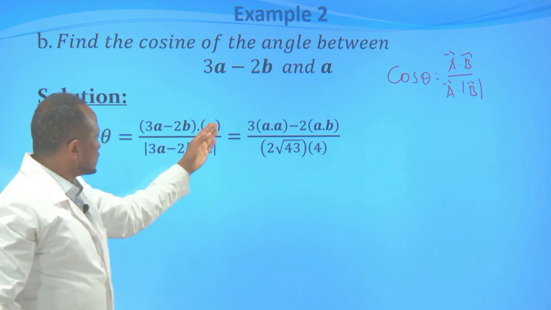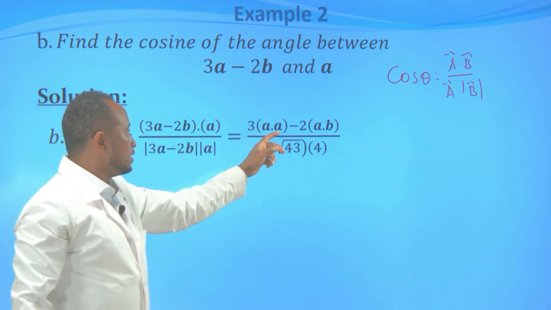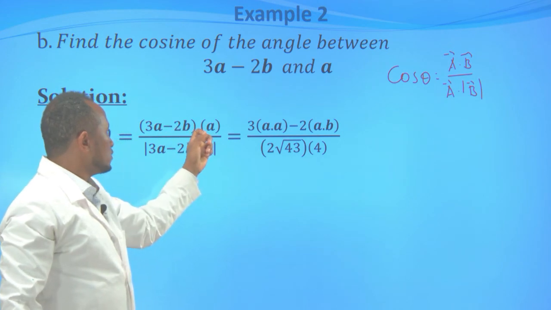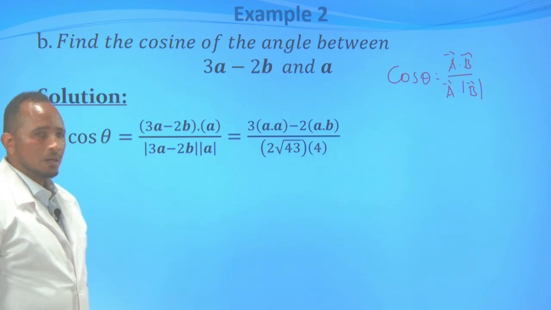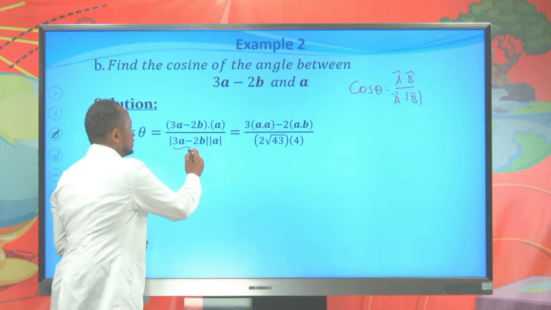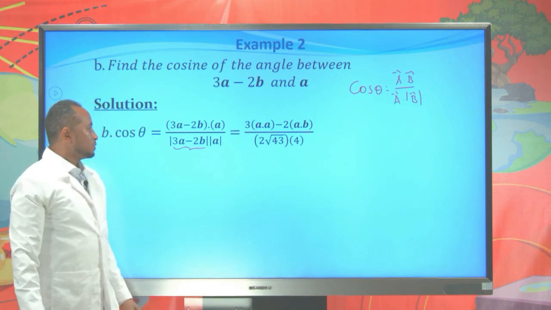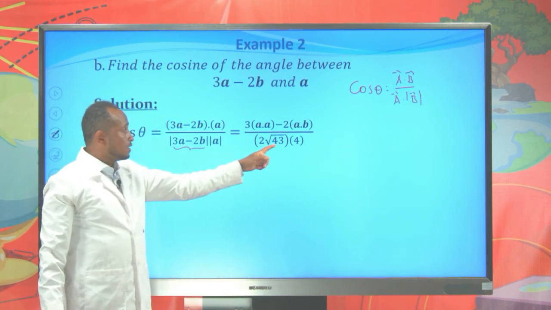This is equal to, using the distributive property, 3a dot a minus 2b dot a, which gives you minus 2 times a dot b, divided by, as we have found, the magnitude of 3a minus 2b is 2 root 43, and the magnitude of a is given, this 4.